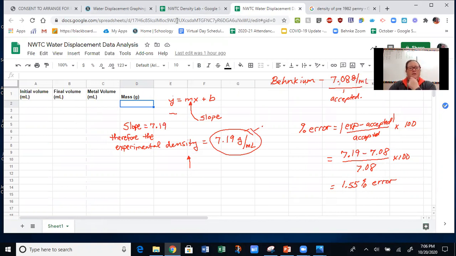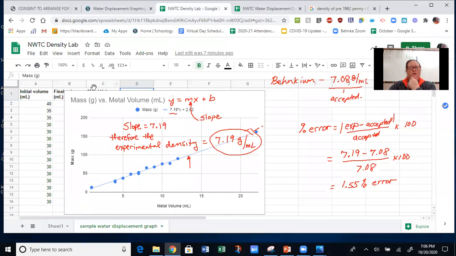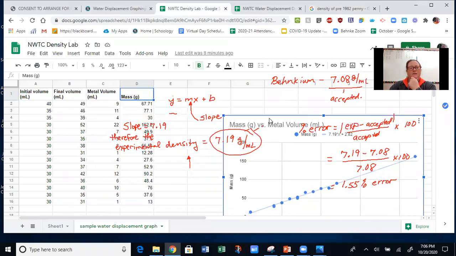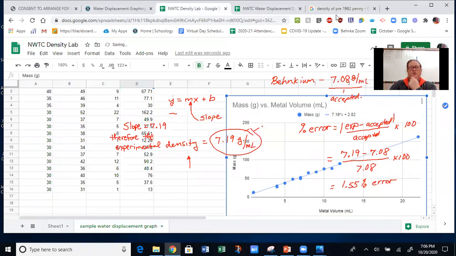So if I can review, you are going to add your data. You're going to do a calculation to determine the difference in the volume.